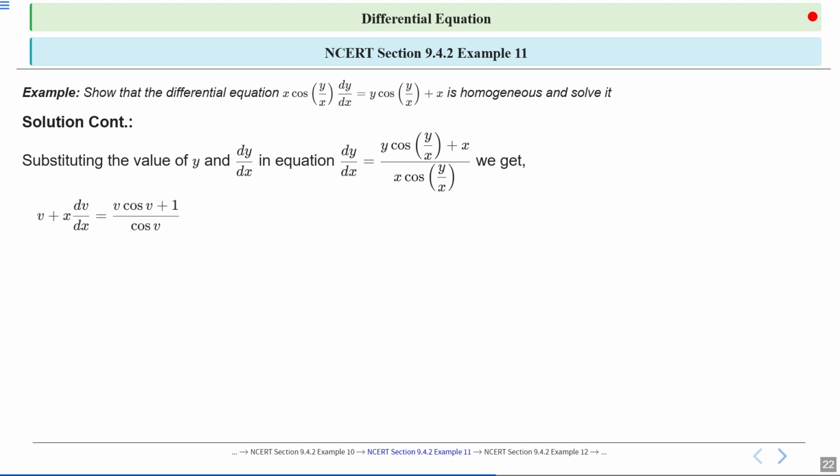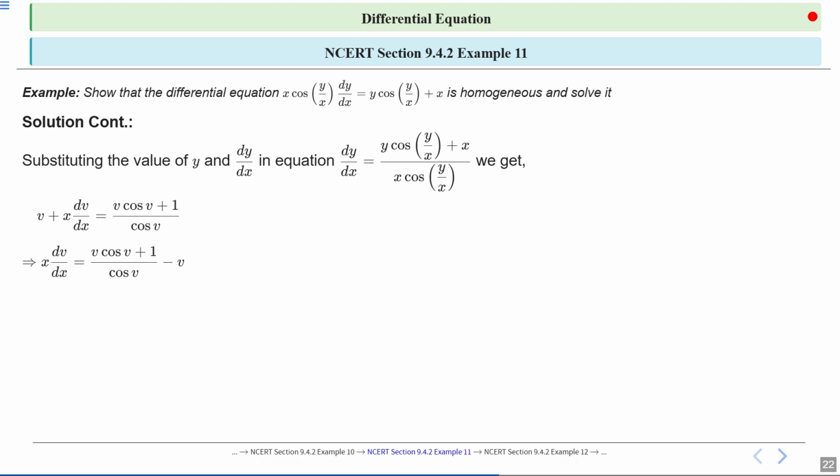So we substitute the value of y and dy/dx. We get v + x dv/dx = (v cos v + 1) by cos v, where we write v in place of y/x. Now we use the separable method to find the solution of this differential equation. So at this step, we separate the variables.